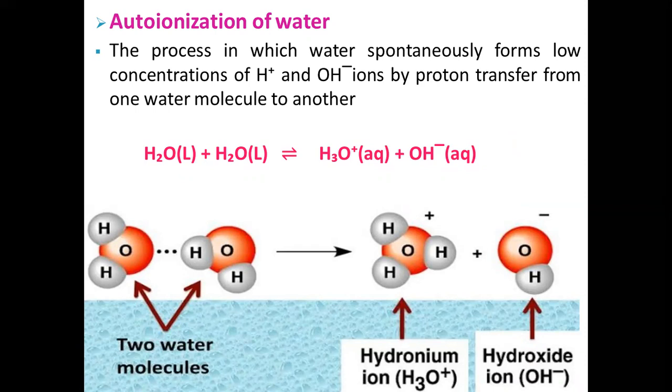Water having autoionization means that water itself undergoes ionization, and this process is called autoionization. As we know, water continuously undergoes dissociation, but the rate of dissociation is very slow.